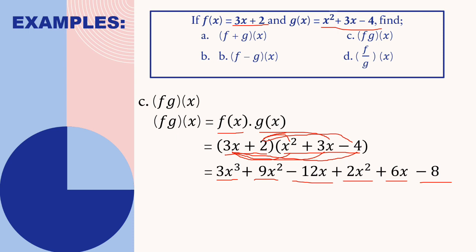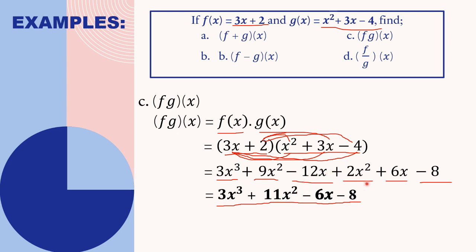Then simplify, what will be the result? Okay, so we got 3x cubed plus 11x squared minus 6x minus 8. So how will you get this one? So here, combine like terms. So the 3x squared, then 9x squared plus 2x squared, we have 11x squared.